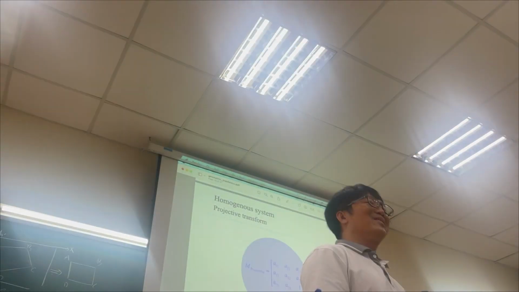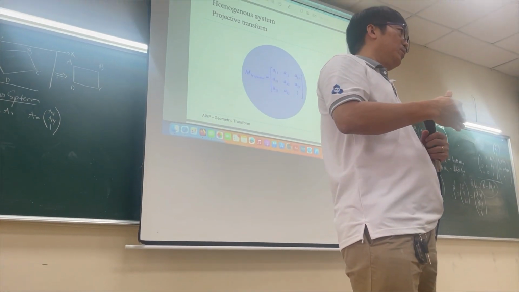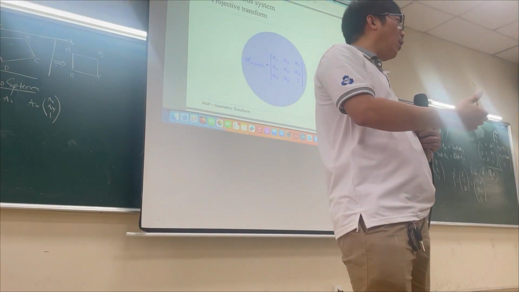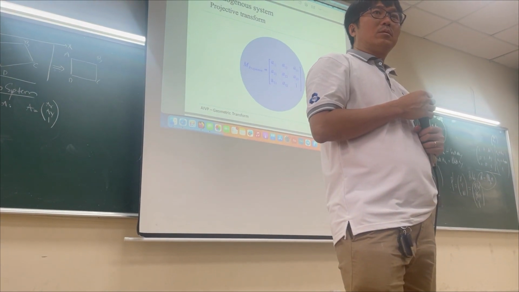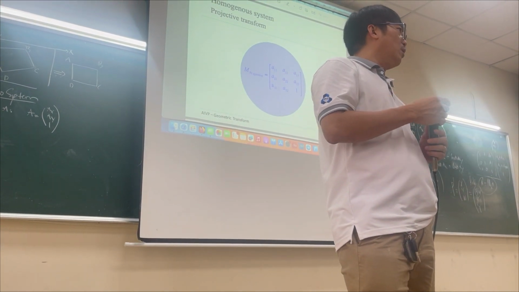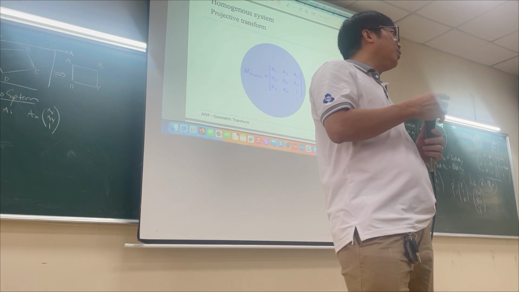And the question is why. First of all, if you study in CS, maybe you also have a course called parallel computing, or maybe another similar one called optimization, right?